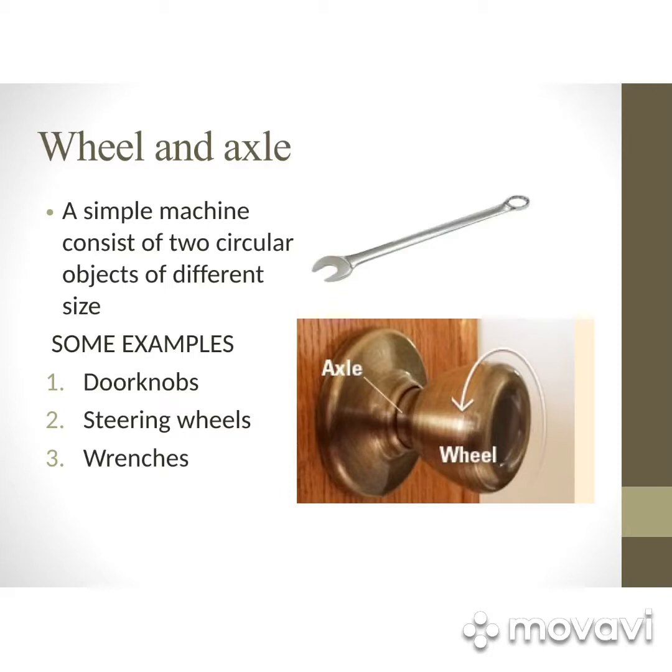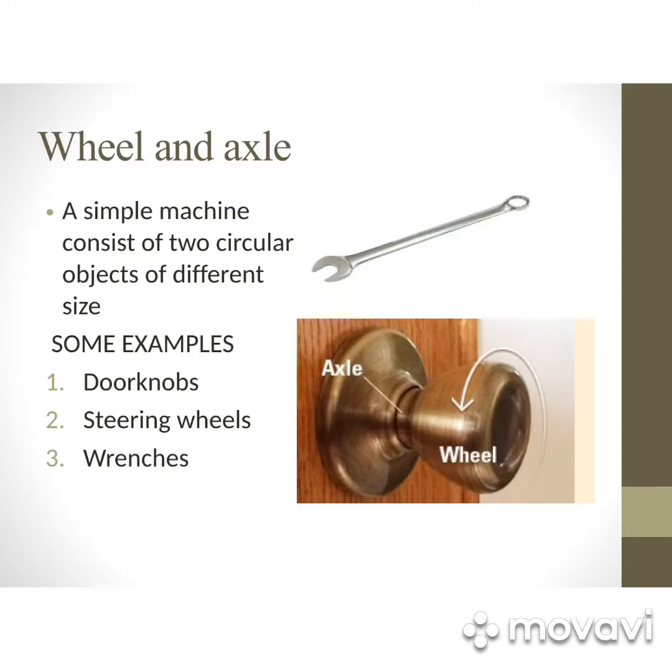Now you'll have to know that when a small input force is applied, for example on a steering wheel or a doorknob, you will actually rotate. The wheel is rotating through the circular distance.